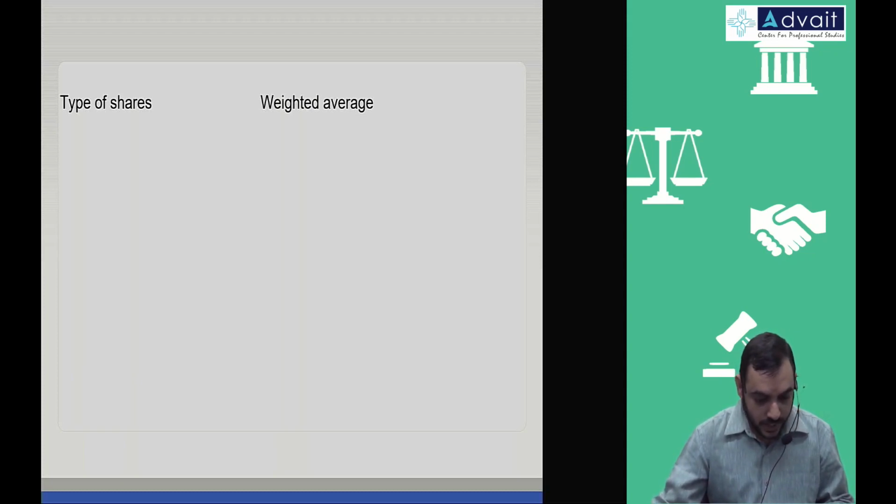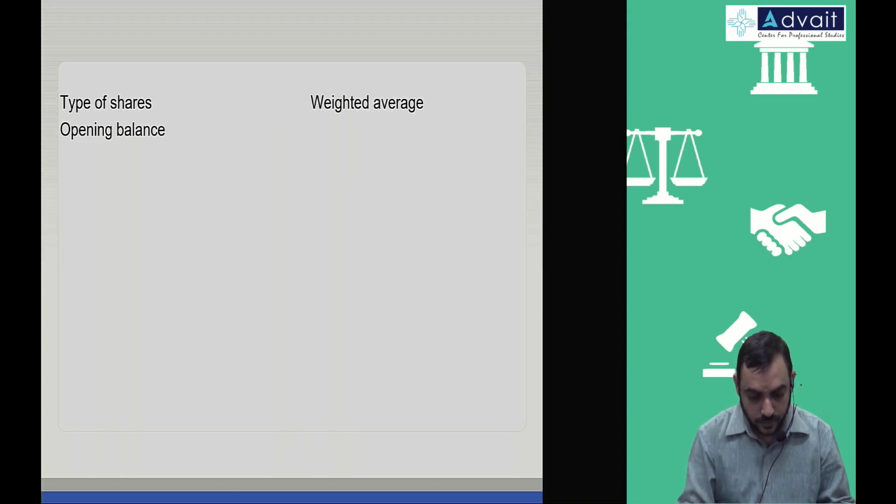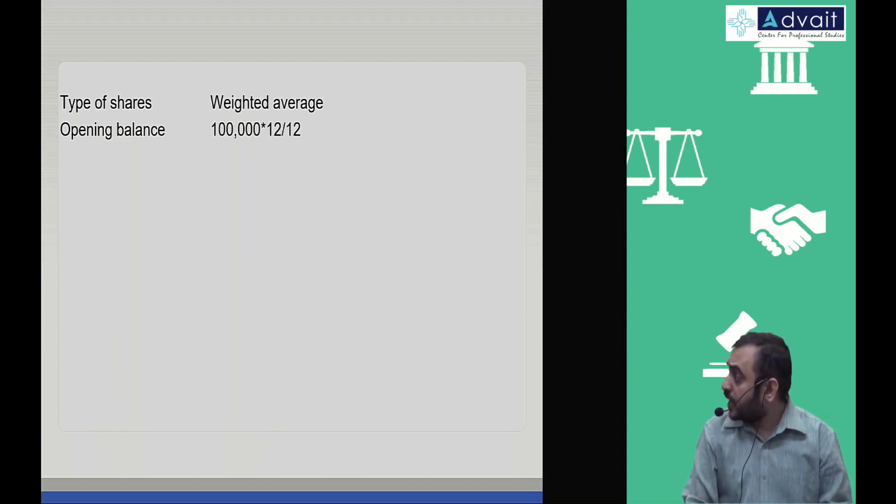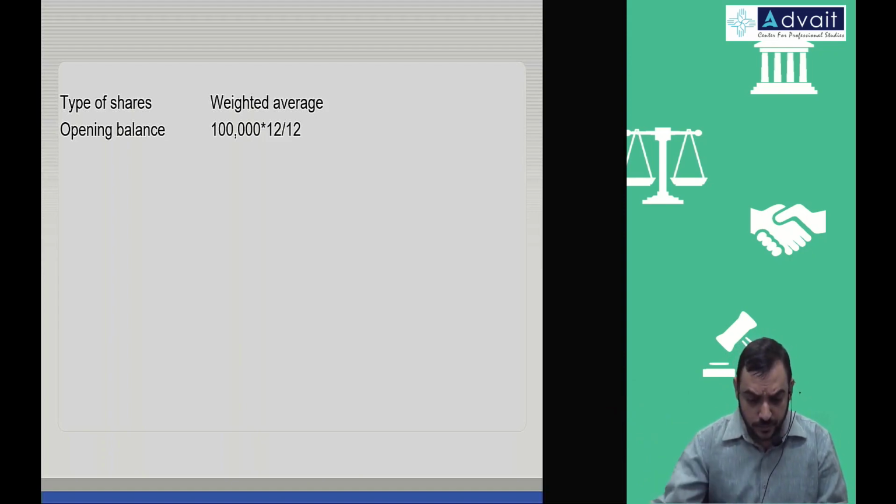The first one we have is the opening balance, one lakh. That is there throughout the year. The buyback will happen, but I'll subtract it later. But this amount is for the full year, so I'll take 1 lakh.